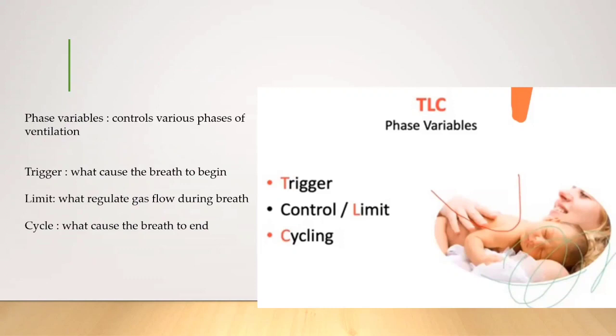So flow cycling means, this part I would like to clarify a little more. In flow cycling, the amount of flow reaching the patient's lung during inspiration is progressively decreasing, a decelerating flow pattern. And then the flow reaches about 25% of the peak inspiratory flow.